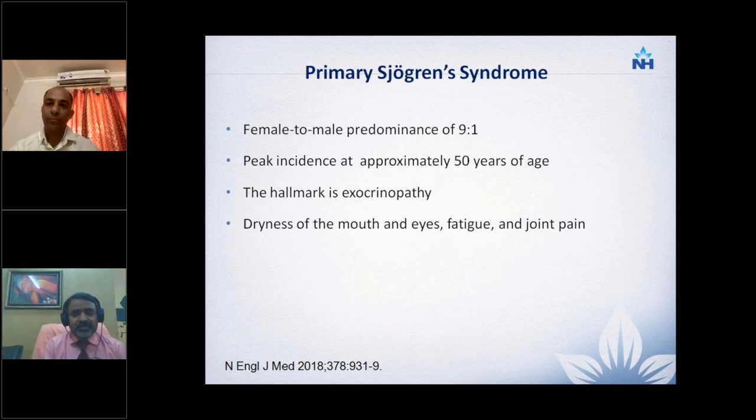They have very extreme fatigability. Sometimes these patients may have only myalgia and fatigability, and they don't complain of other features. Of course, these patients may have joint pain in the form of arthralgia. Arthritis is usually non-erosive and non-deforming.